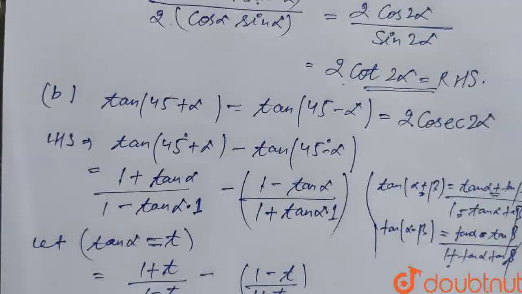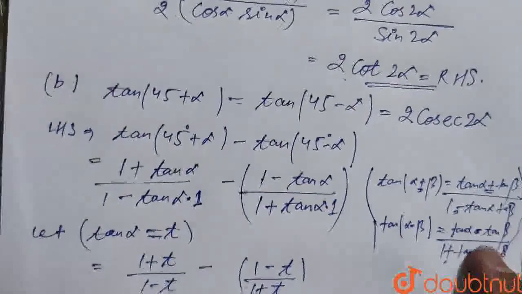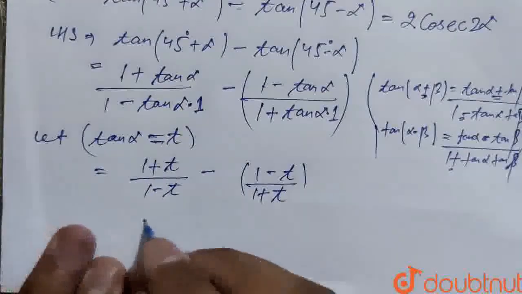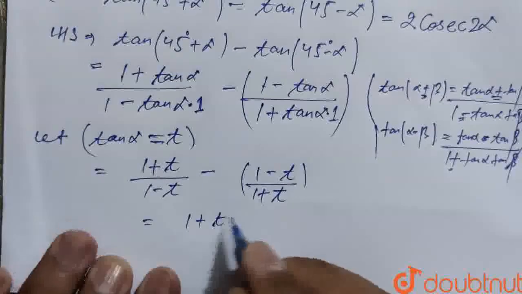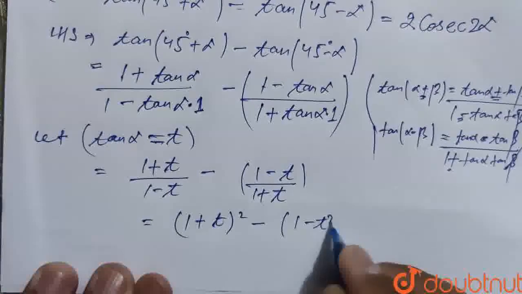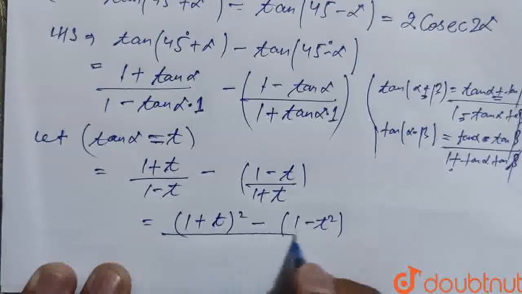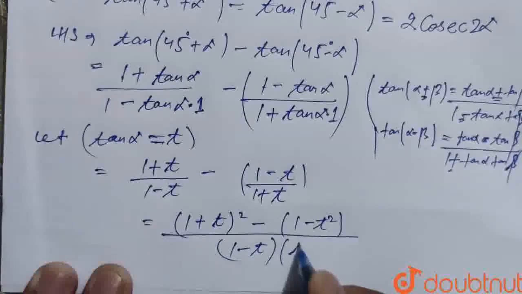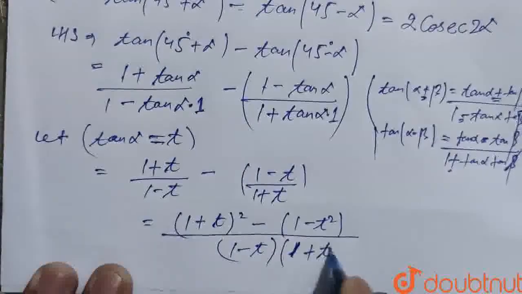Now taking LCM and further solving the question, we get (1 plus t) square minus (1 minus t) square divided by (1 minus t)(1 plus t).